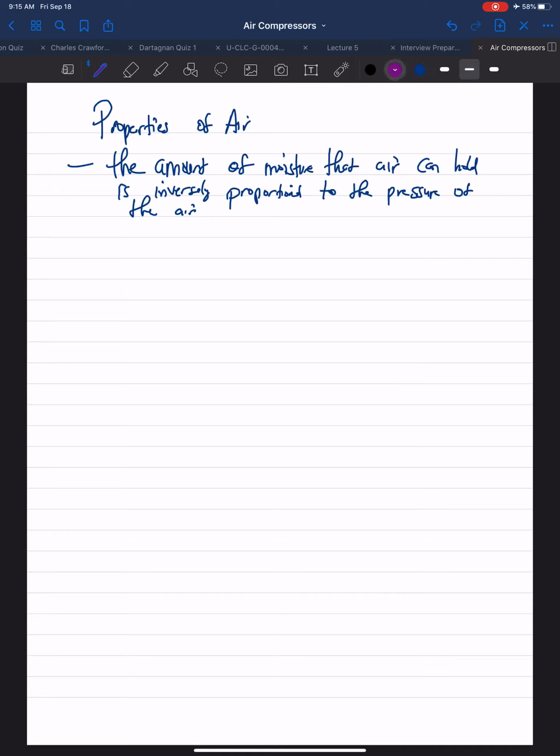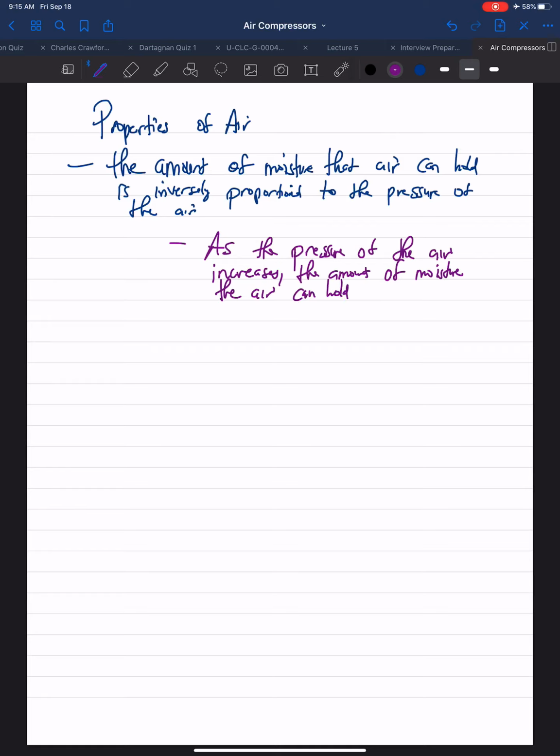Meaning, as the pressure of the air increases, the amount of moisture the air can hold decreases.